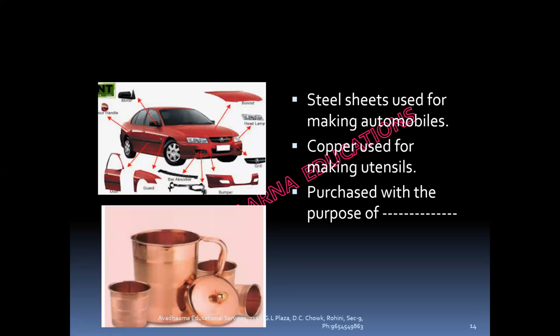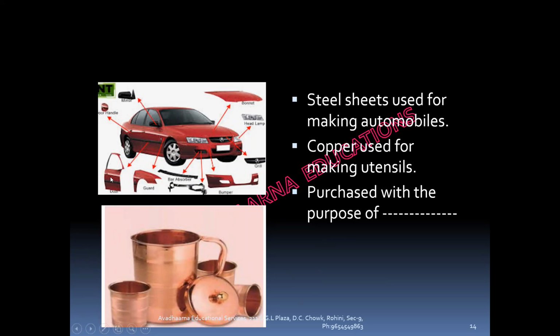Now let's look at a few examples. Steel sheets used for making automobiles, or you can see the copper used for making utensils. These are intermediate goods because they are being purchased with the purpose of using them completely during the same year.